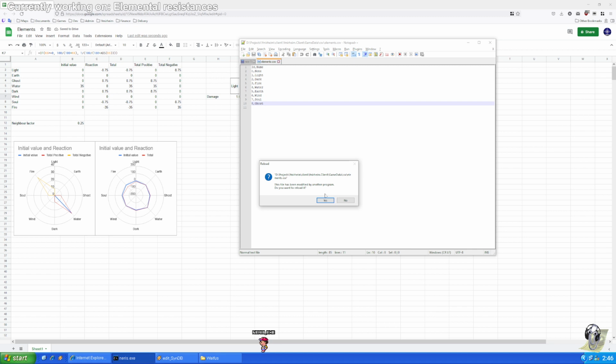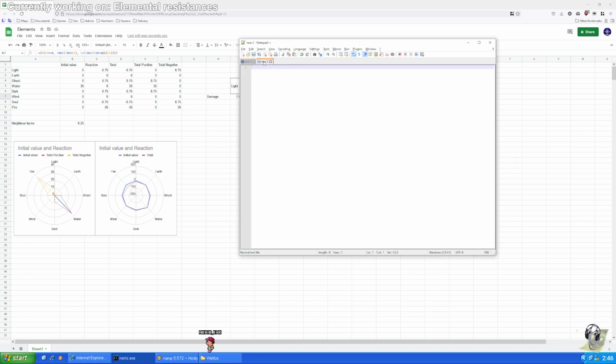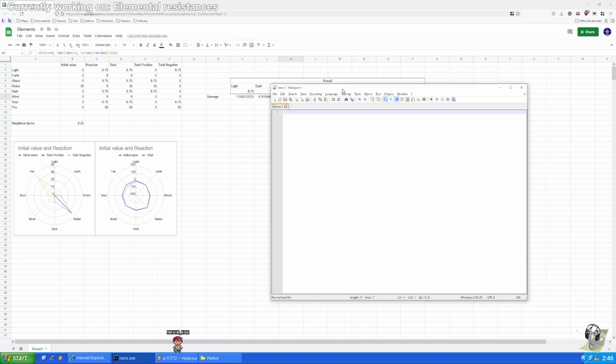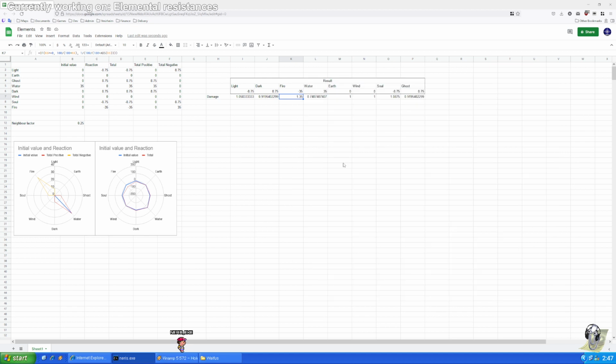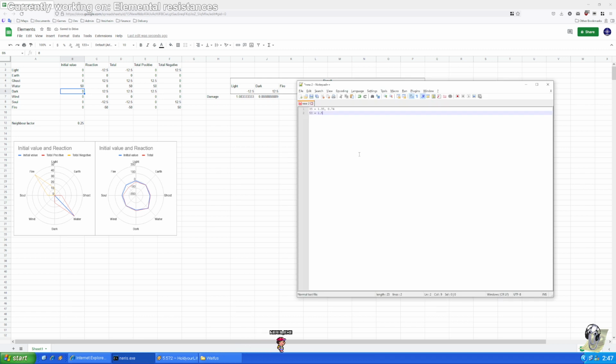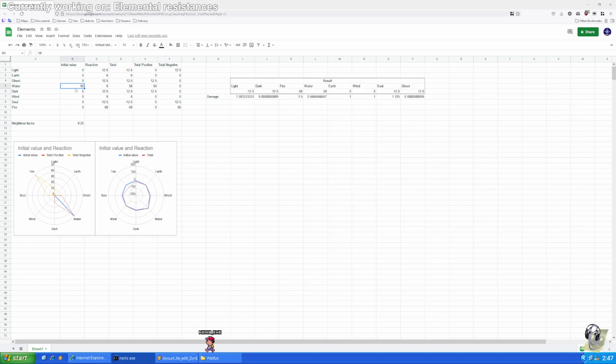So let me write it down actually. So 35 equals 1.35 and 0.74, and 50 equals 1.5 and 0.66, and I need to say that.